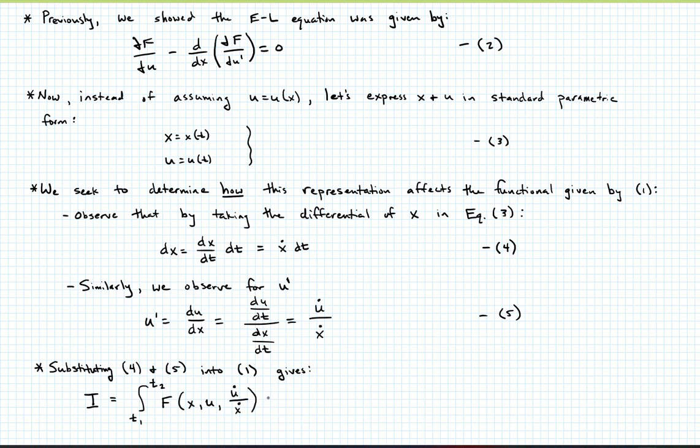And then dx, we said in equation 4, was x dot dt. Okay. And of course, we have those endpoints where now x of t1 equals a, and then x of t2 is equal to b. Okay, let's call that equation 6.